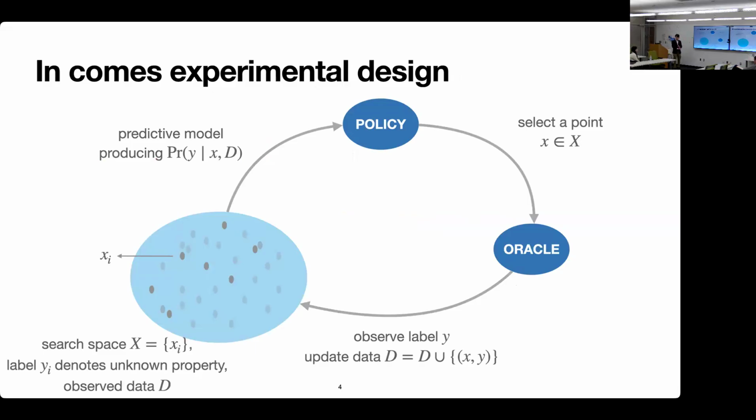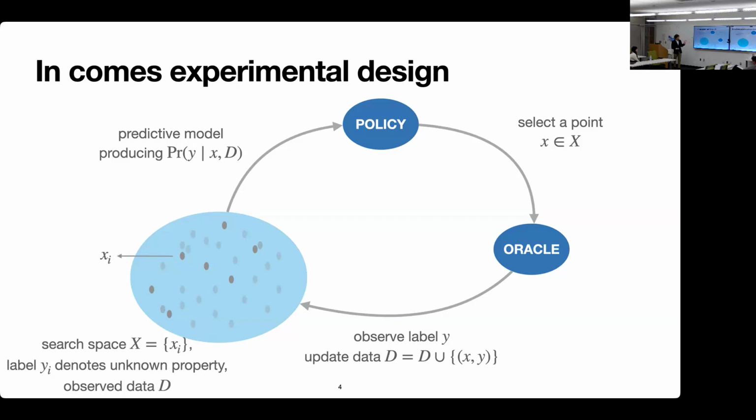experimental design is this framework of decision making, where you start out with some search space of data points that you don't have labels for, but you train a predictive model that produces some predictions about the labels of those data points.